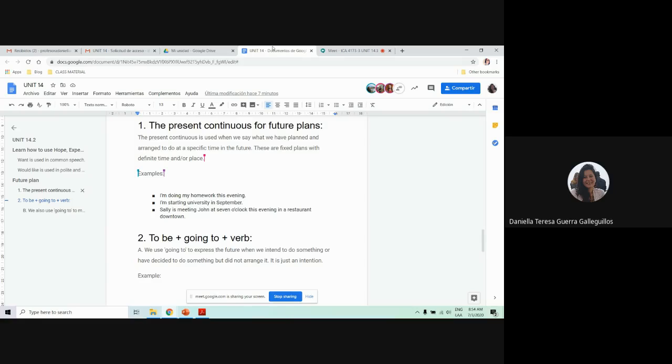Pero si tú dices, I am going to go to the supermarket, en ese caso queda muy largo, pero está bien igual. Pero I'm going to go, para usar la estructura, queda mucho más largo que decir I'm going to the supermarket. So remember, the present continuous for future plans or going to with the future plan is fine. Okay, so both talk about future decisions.